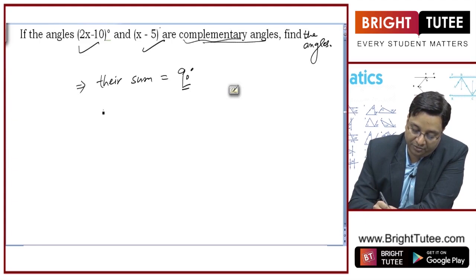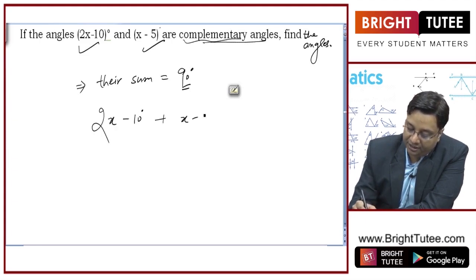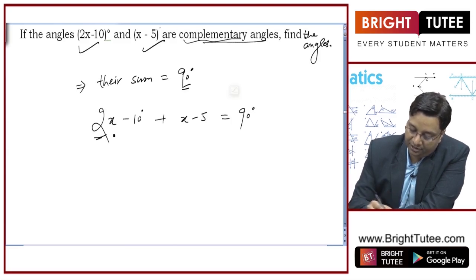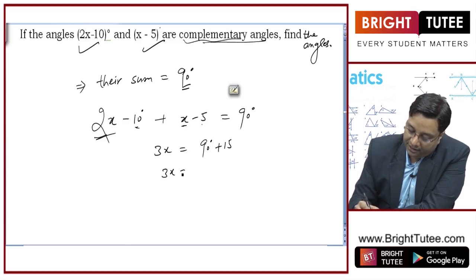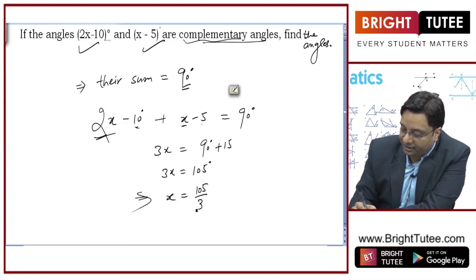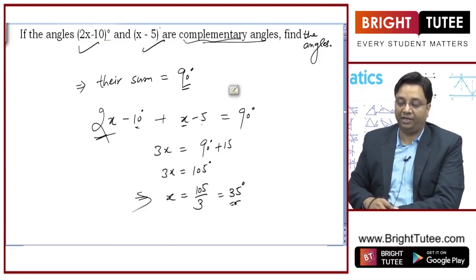So let's put their sum equal to 90 degrees. 2x minus 10 plus x minus 5 is equal to 90 degrees. 2x plus x is 3x. 10 plus 5 is 15, so 15 can be taken to the other side. 3x is equal to 105. Hence x is equal to 105 by 3, that is 35 degrees. This is the value of x.